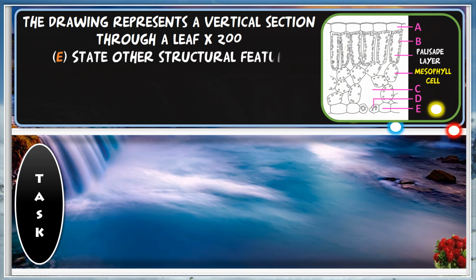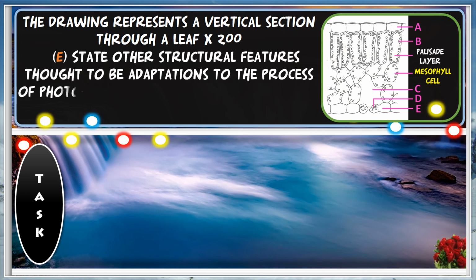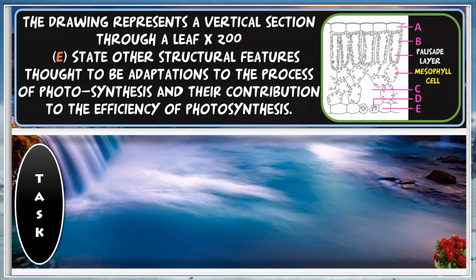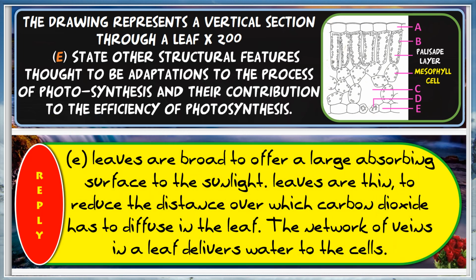Part E. State other structural features thought to be adaptations to the process of photosynthesis and their contribution to the efficiency of photosynthesis. Leaves are broad to offer a large absorbing surface to the sunlight.